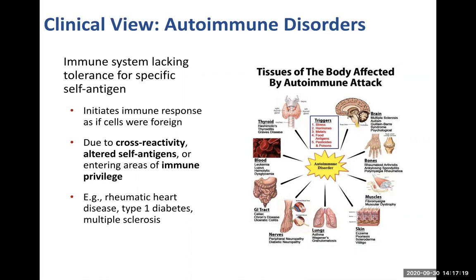And so when our cells become infected with these viruses, they are foreign enough that our T cells and B cells start to mount an immune response and form memory against that antigen. And then we end up with what's called cross-reactivity. The viral antigens are similar enough to our self-antigens that when we start to make, for example, antibodies against those viral antigens, those antibodies are able to bind to and target our self-antigens.